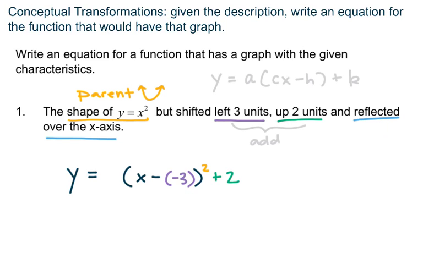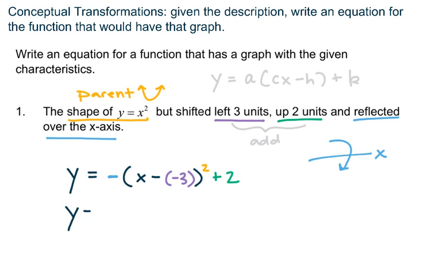If we want to think of reflection over the x-axis, across the x-axis, that's going to be a vertical reflection. So that means we're multiplying by a negative. And if it's a vertical reflection, it would not go inside. Inside is horizontal or x, so vertical means we are multiplying by just a -1 on the outside.